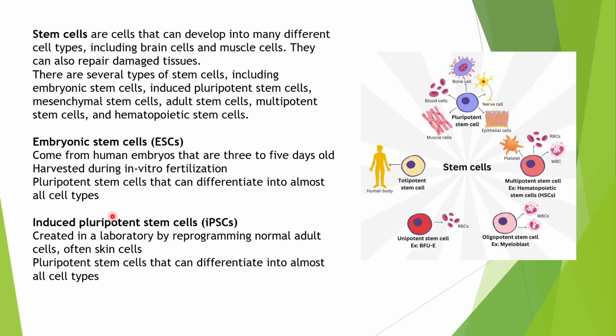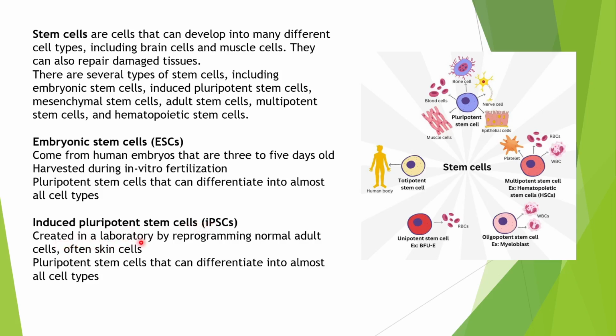Then induced pluripotent stem cells. These embryonic stem cells are physiologically present and can be extracted or harvested. In vitro in the lab, when you generate a pluripotent stem cell, they are called iPSCs, that is induced pluripotent stem cells.